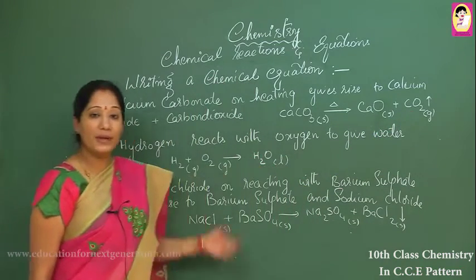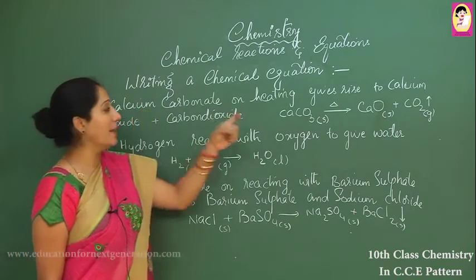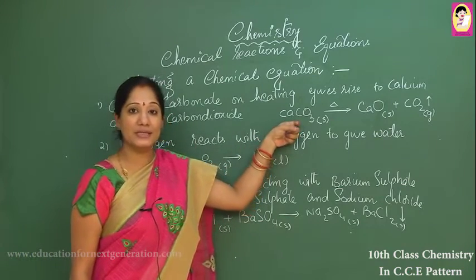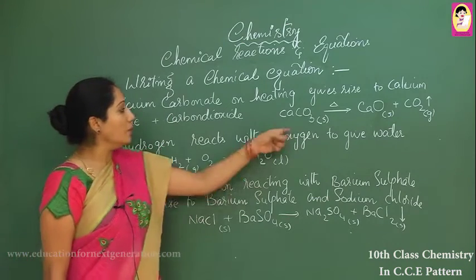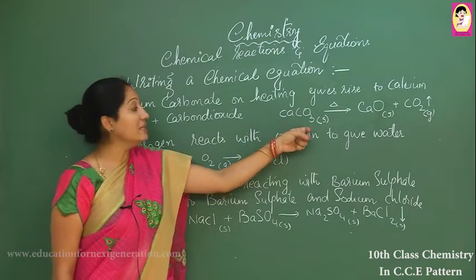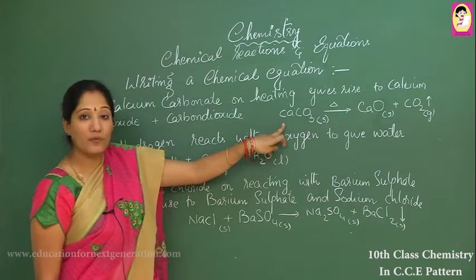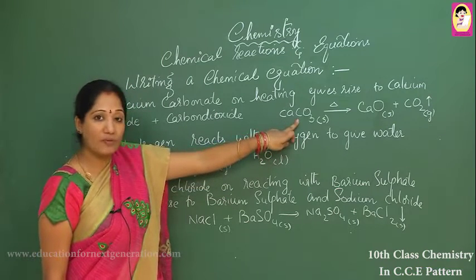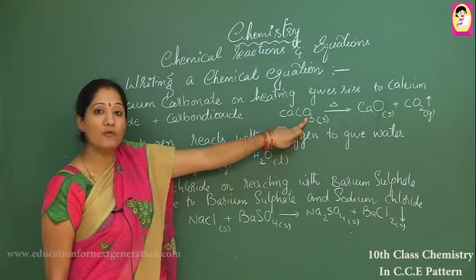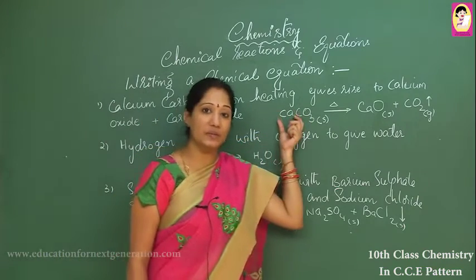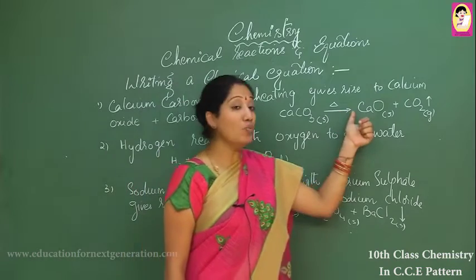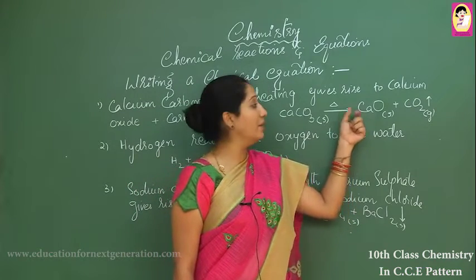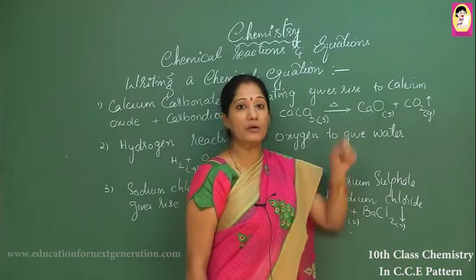This can be best explained by a mathematical representation called a chemical equation. From this equation, we can say that one atom of calcium, one atom of carbon and 3 atoms of oxygen comprise calcium carbonate. On heating, this gives rise to 1 molecule of calcium oxide plus 1 molecule of carbon dioxide.